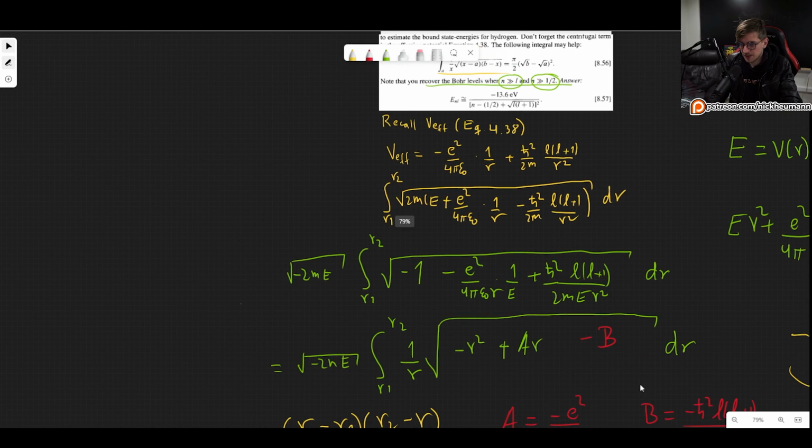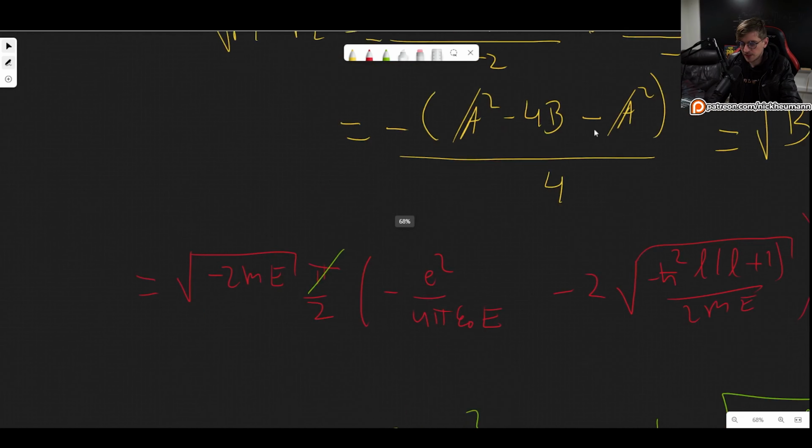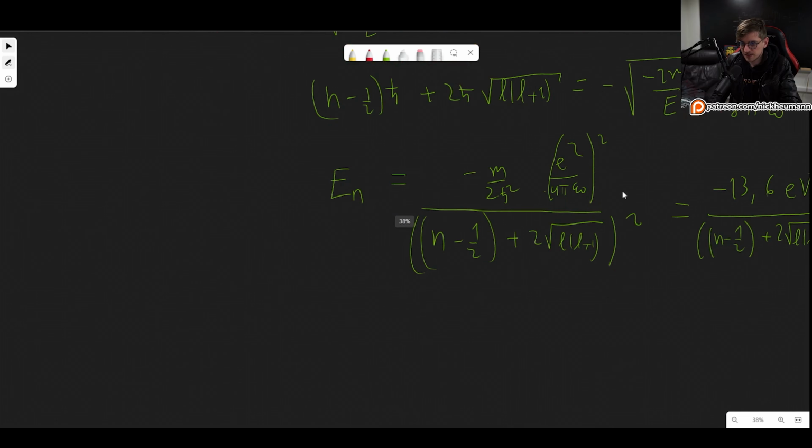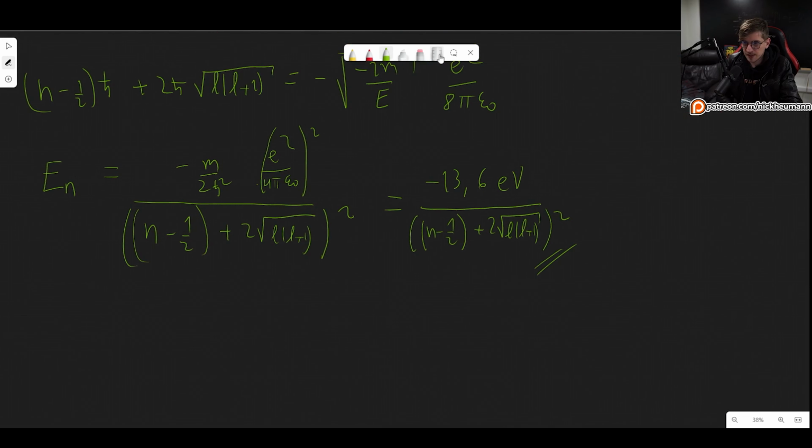So to do that, let's just go back here. This is very, very quick. Just notice that if n is much greater than 1/2, then this doesn't really matter. We can neglect it. And the same with l. Here, this is of order l basically, since the square would cancel out with the square root.